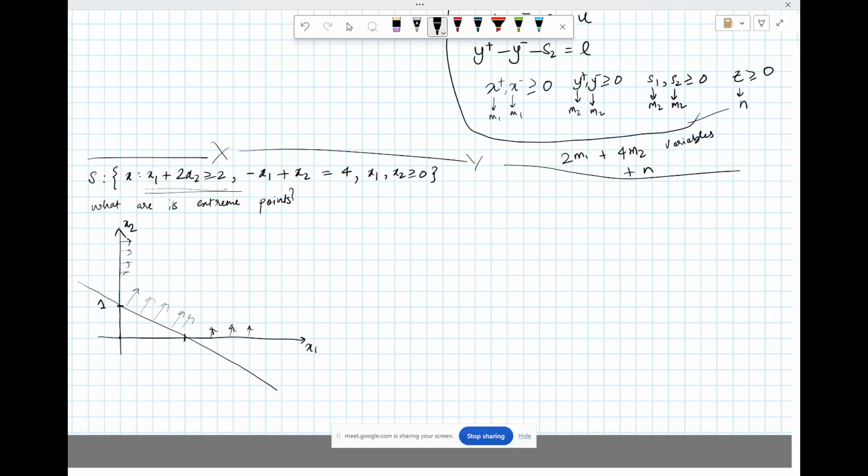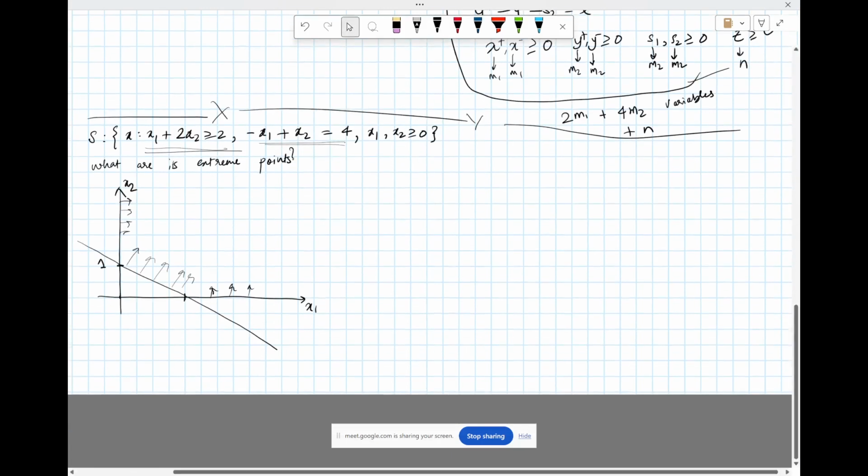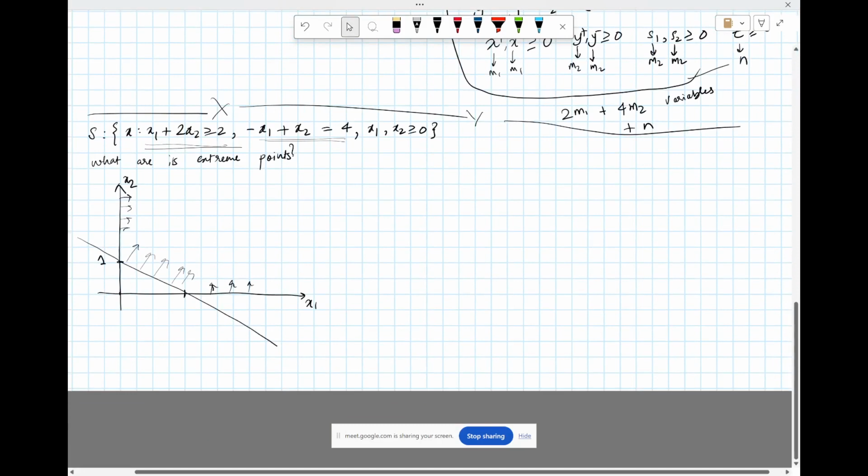Now I want to plot this. This is an equality. So it will pass through x2 equal to 4. Oh, sorry, 1, 2, 3, 4, somewhere here, I think.